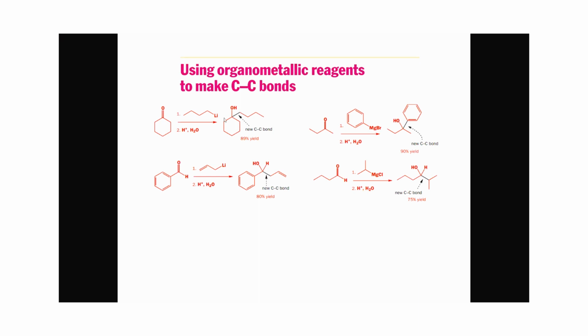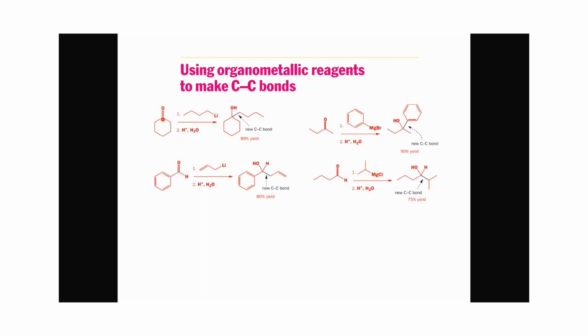So here we are going to discuss using organometallic reagents to make CC bonds. Just recollect what we told last class. Here there is a carbonyl group. This is the positive, electrophilic center.